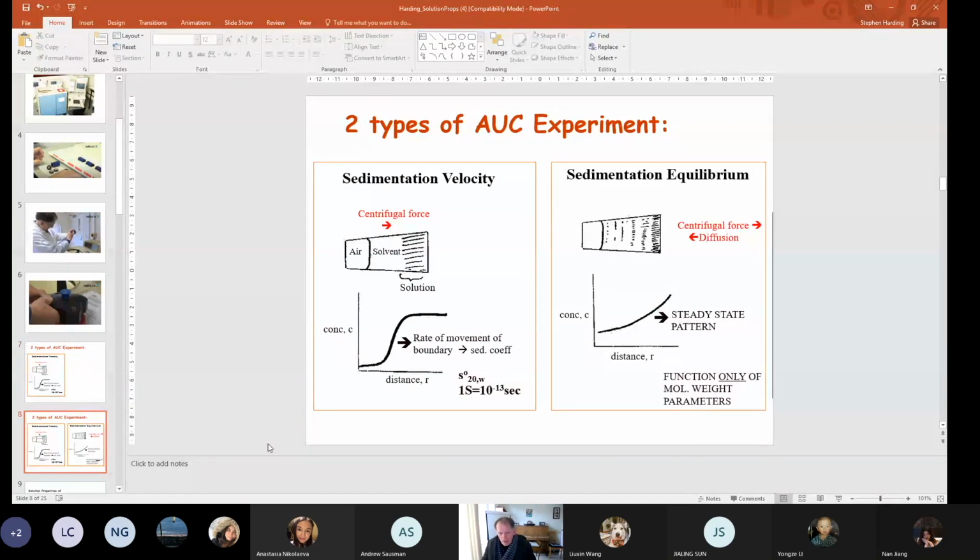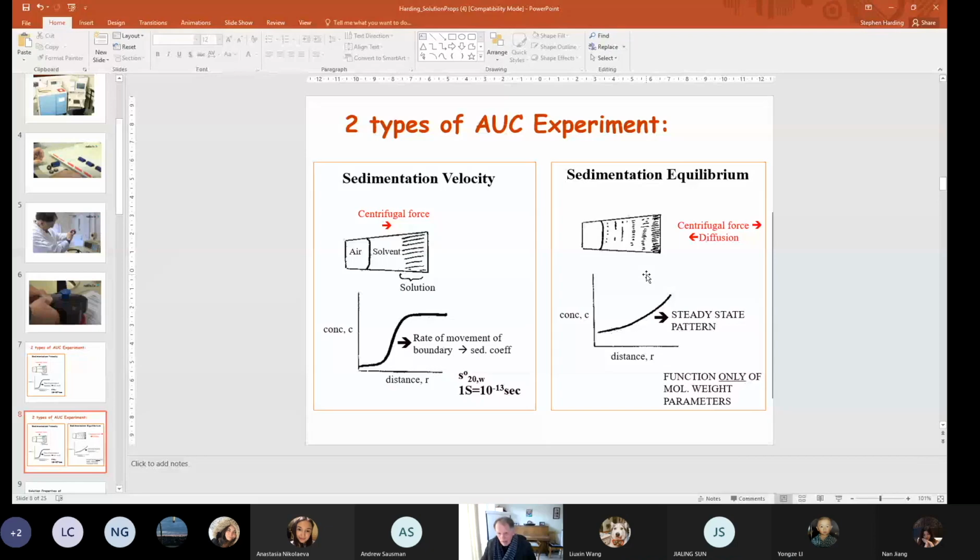There's also a second type of sedimentation experiment in which we sediment at lower speed. We don't sediment at 60,000 RPM, but say at 10,000 RPM, which is still quite fast.